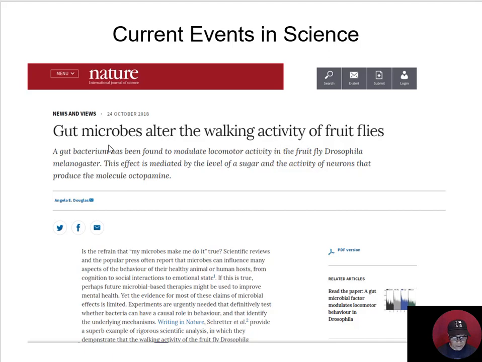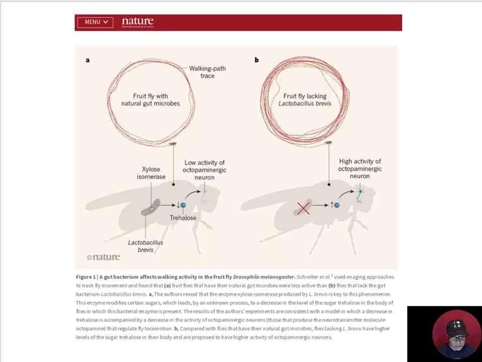The paper basically describes how these gut microbes can actually alter the walking activity of fruit flies. And here's what they showed: when Lactobacillus brevis is present in the fruit fly, here we have this downregulation of basically a sugar called trehalose. And that trehalose actually has an effect on the neurons in the brain. And so you end up having this lower activity of neurons in the brain.